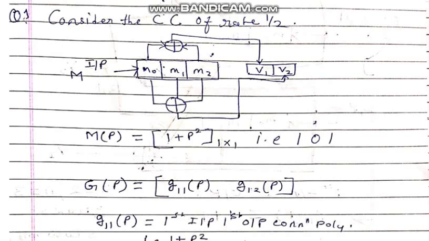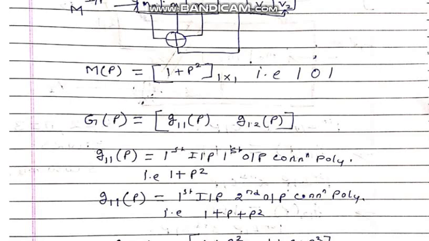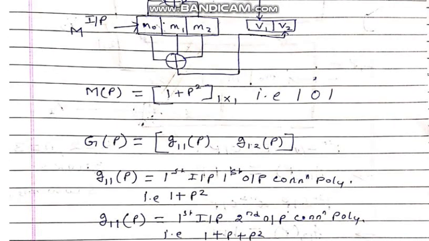As we have the number of inputs as 1 and the number of outputs as 2, the size of the generator polynomial matrix will be 1 cross 2. So it will have two elements, G11(P) and G12(P). G11(P) means the connection of the first output with the first input. You can see that the first output V1 is generated due to M0 and M2.